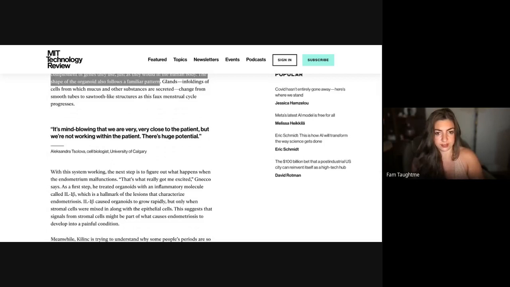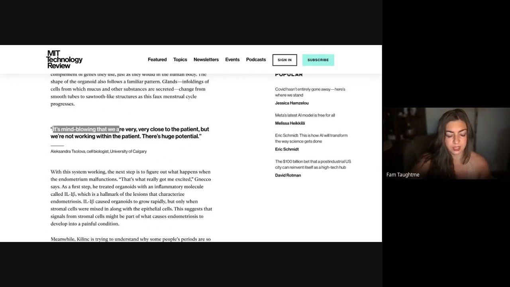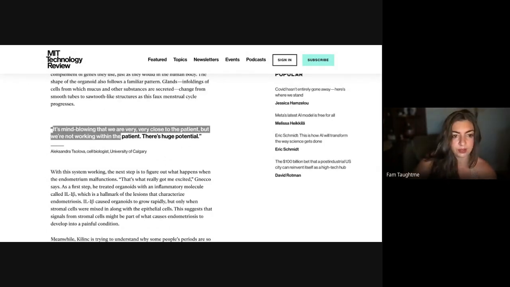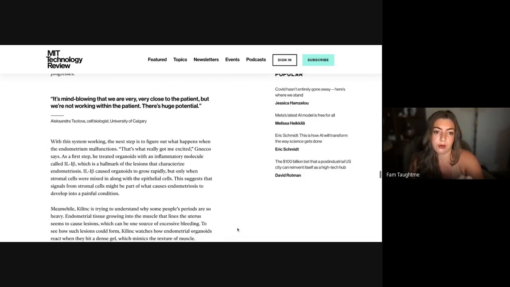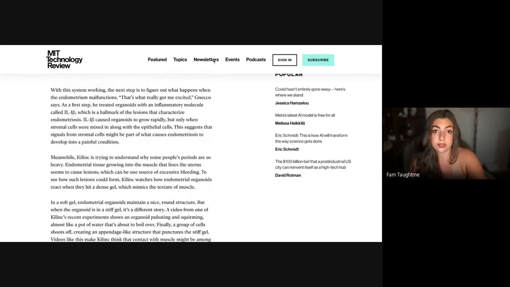This part here is also really very explanatory, where they're like, it's mind blowing that we're very close to the patient, but we're not working within the patient. So again, it's just this question of how useful is taking us out of our own study, erasing us from our own study.